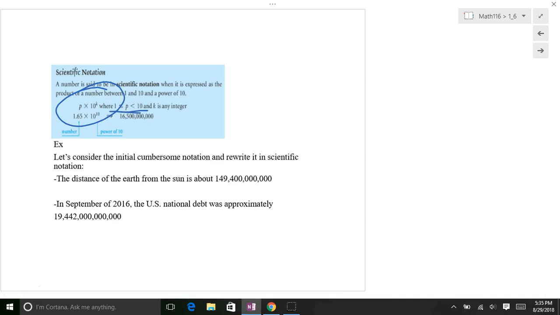So for this number, another way to write it would be some number times 10 to the what? This first number has to be greater than or equal to 1 but less than 10, so it's going to be a single digit.